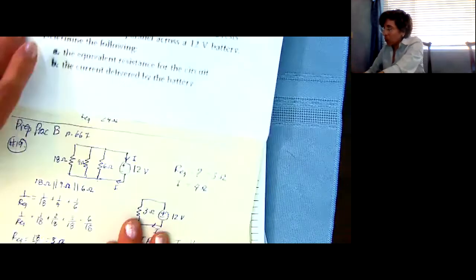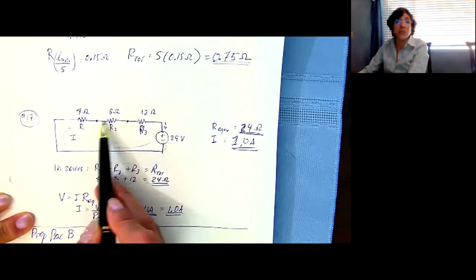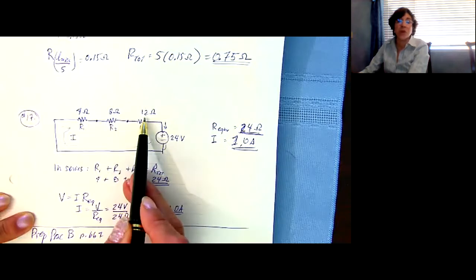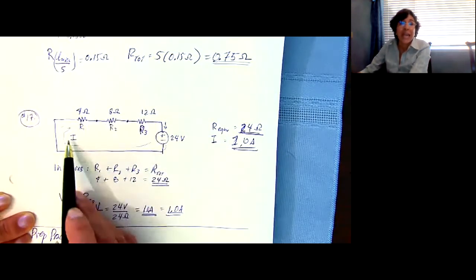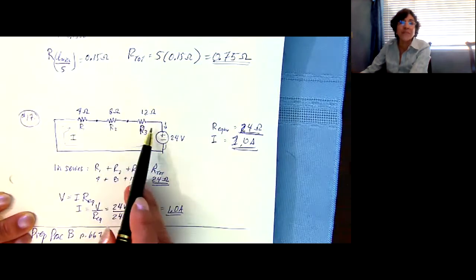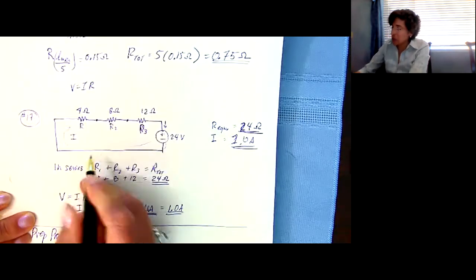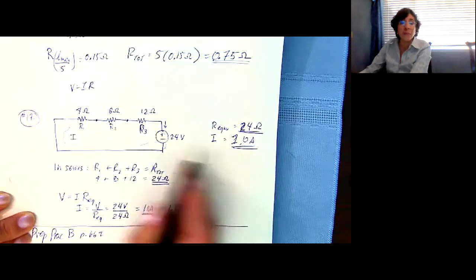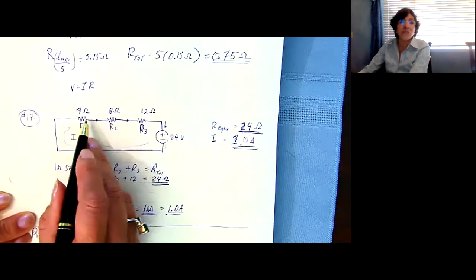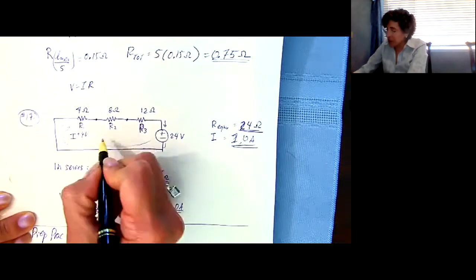Okay, not so when it's in series. Different story. Here, the voltage across this resistor plus the voltage across this resistor plus the voltage across this resistor is equal to 24 volts. But the current is the same going through the whole circuit. Because V is equal to IR, you're just going to take that current and multiply it by the R. So if the current here is 1 amp, I multiply it by 4, and I know I got 4 volts across that resistor.